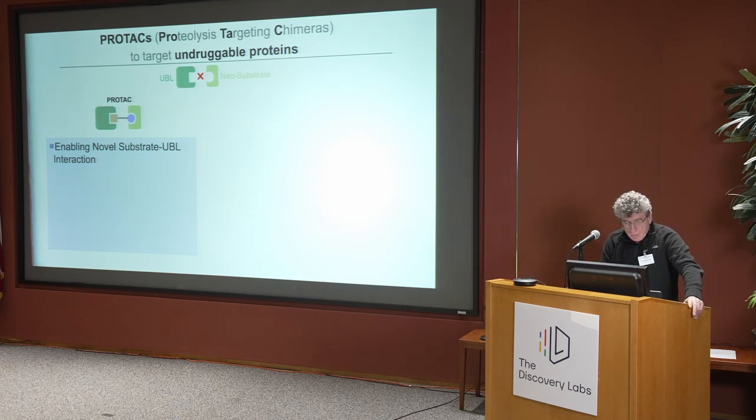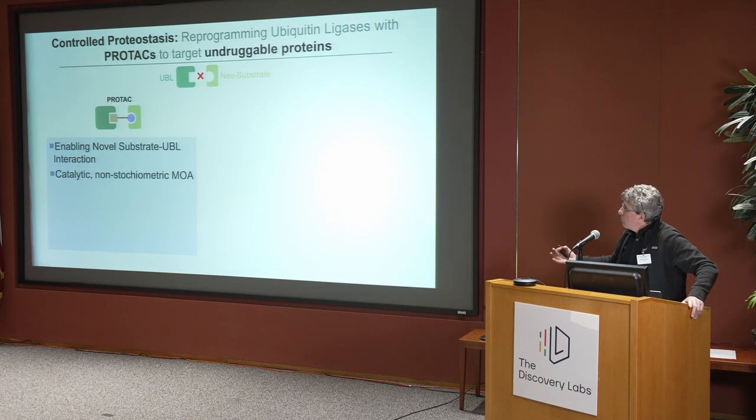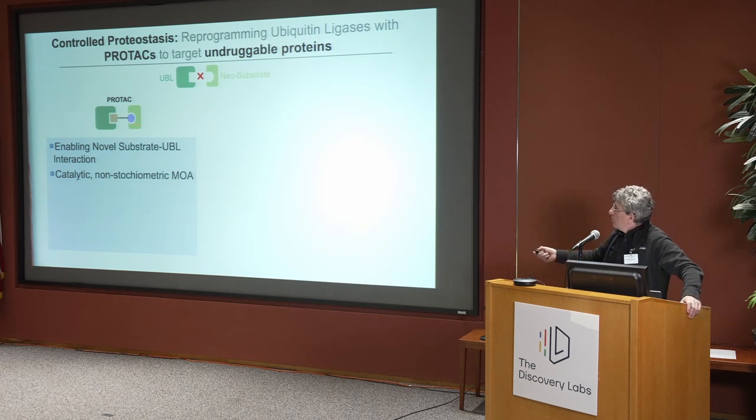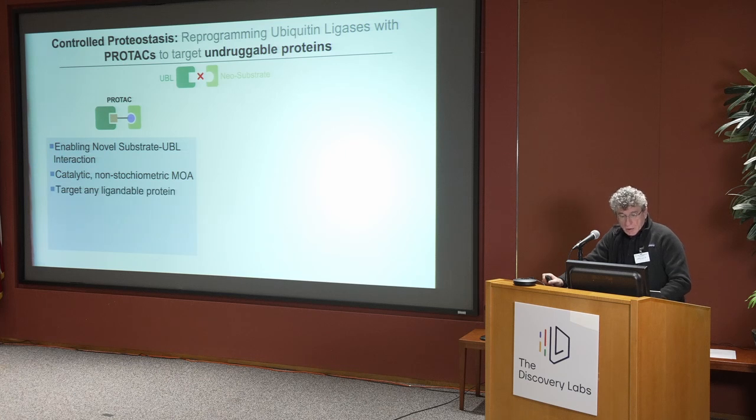And so PROTACs work with a non-stoichiometric catalytic mechanism of action, which should allow getting rid of the substrate by using doses that are lower than the doses that you would use just by binding and inhibiting the neo-substrate. So you can target theoretically any ligandable protein. So if you have a compound that binds a pocket of the substrate, you can form a PROTAC.